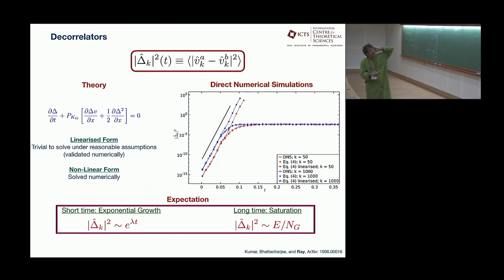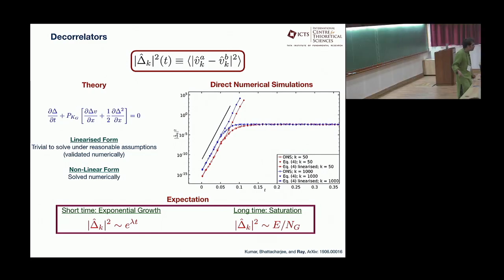What you see is a pretty good agreement for the exponential part of this growth. And then it saturates, and this saturation value is exactly the same as E over Ng, as our theory predicts. However, the linearized form never saturates. You actually need the nonlinearity to saturate the decorrelation to the modal energies.